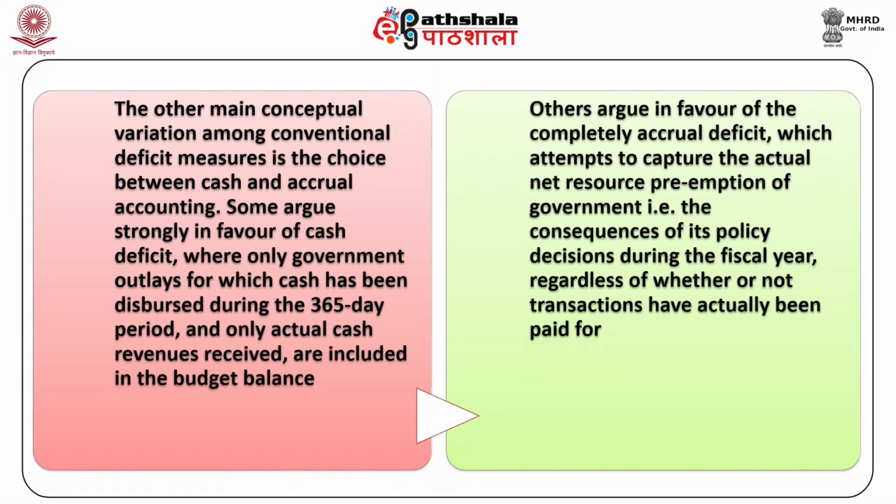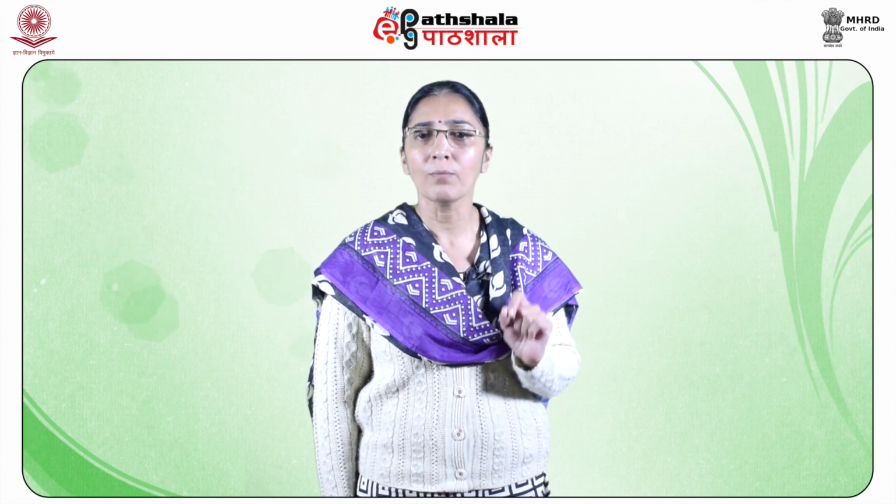Others argue in favor of a completely accrual deficit, which attempts to capture the actual net resource preemption of the government, that is, the consequences of its policy decisions during the fiscal year, regardless of whether or not transactions have actually been paid for. A deficit calculated on the basis of the system of national accounts would be an accrual measure.